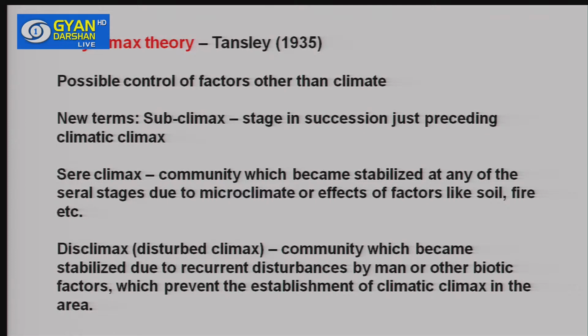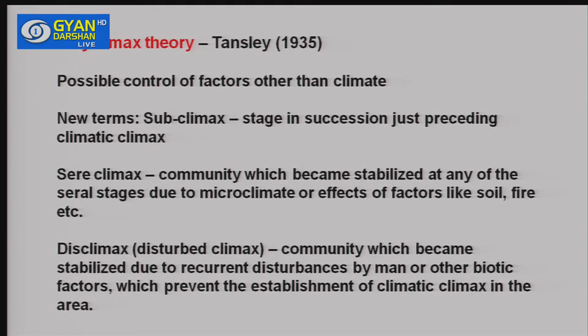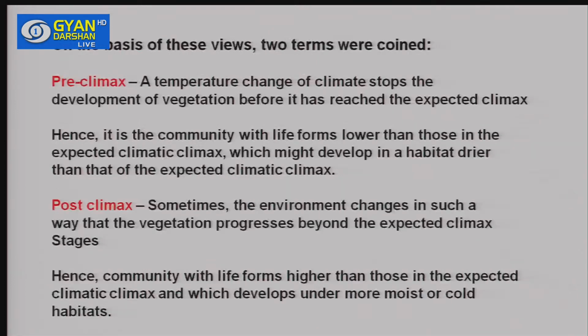So he introduced certain new terms like subclimax, seraclimax, and disclimax. Subclimax is the stage in succession just preceding the climatic climax. Seraclimax is a community which became stabilized, and disclimax is a community which became stabilized due to recurrent disturbance by man or biotic factor. So in a nutshell, what I mean to say is that you should not consider climate only as a factor.